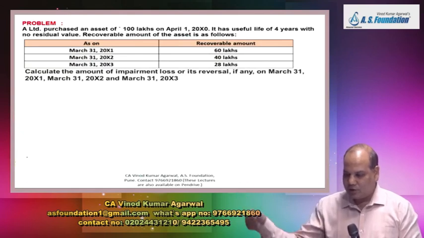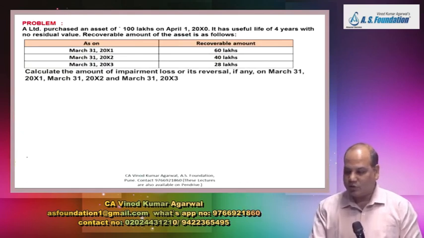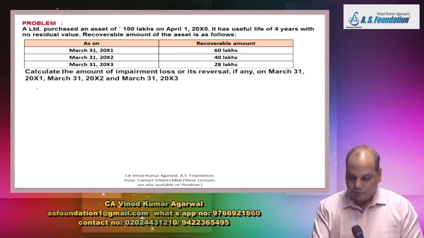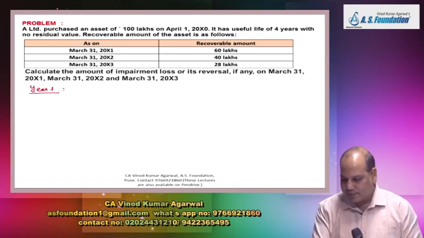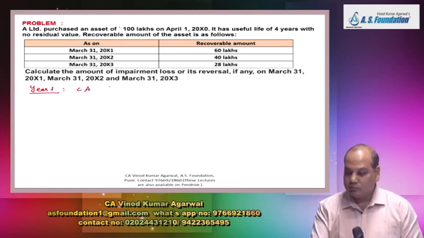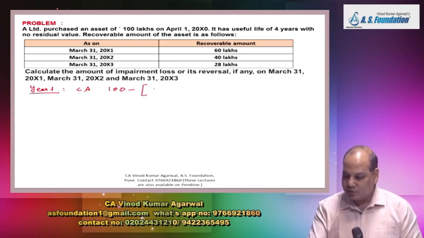So let us check each year whether there is any impairment loss or not. At the end of year 1, what will be the carrying amount? 100 minus depreciation, 100 divided by 4.